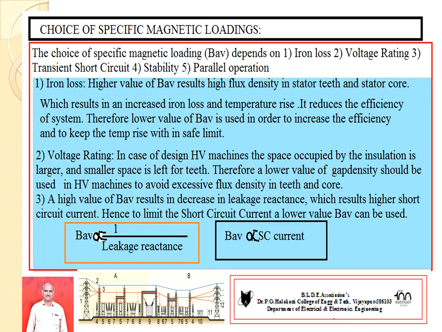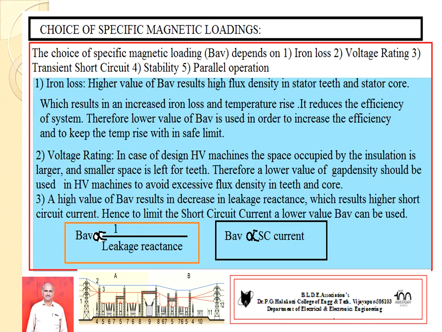In such a case, the space occupied by the insulation is larger and smaller space is left for teeth. Therefore, a lower value of gap density should be used in high voltage rating machines to avoid excessive flux density in teeth and core.